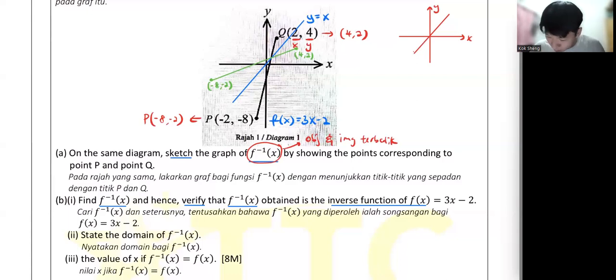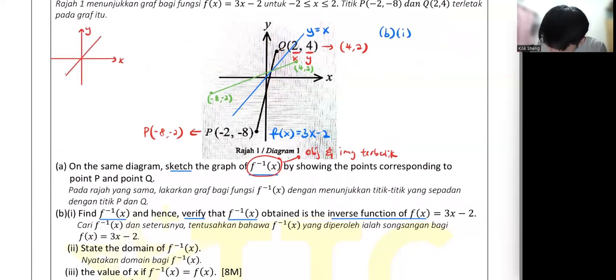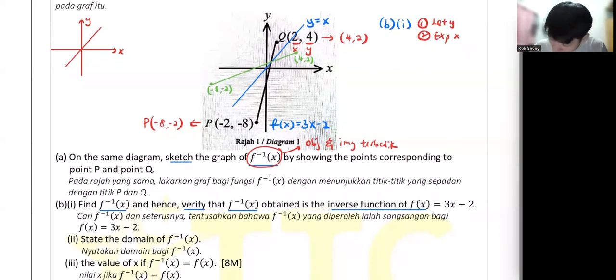Okay, the working I write here. Let me move aside first. For the inverse, let y express x. Just now your f of x is 3x minus 2.